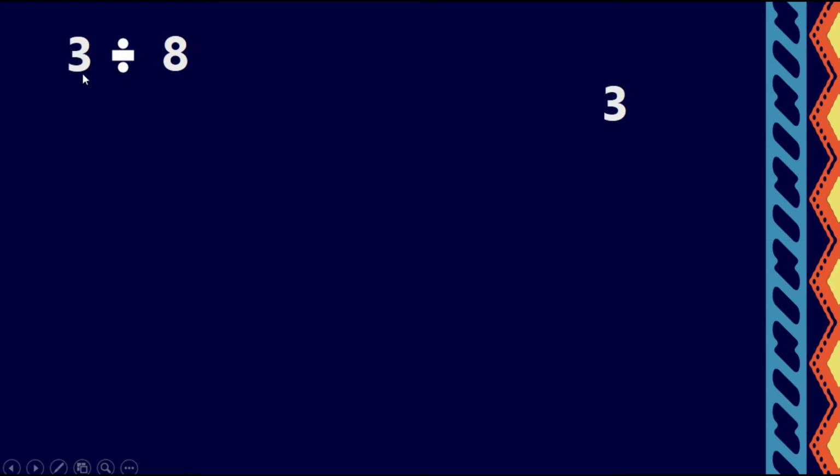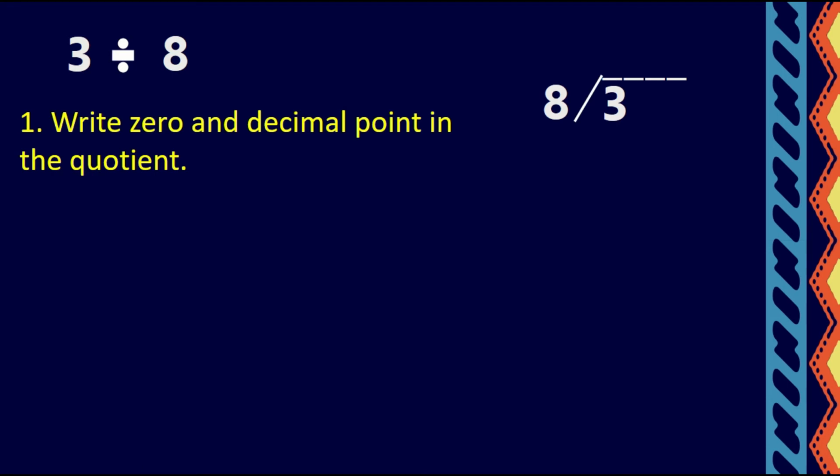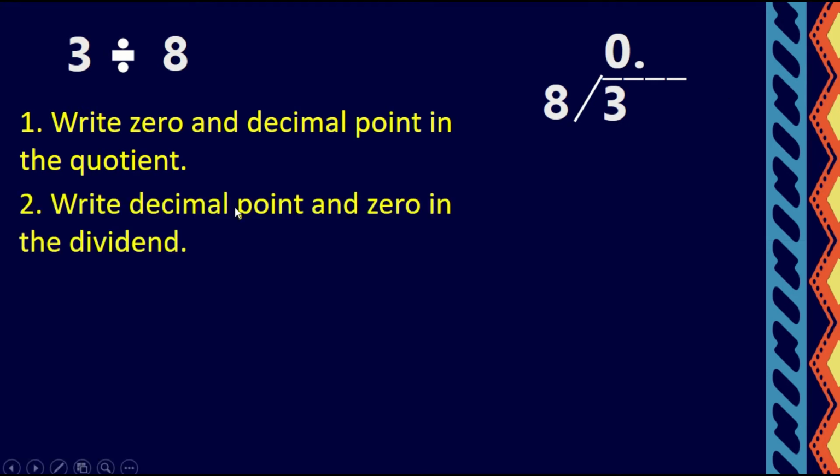Just remember, 3 is your dividend. 3 divided by 8. Step 1, write 0 and a decimal point in the quotient. Step 2, write a decimal point and 0 in the dividend.